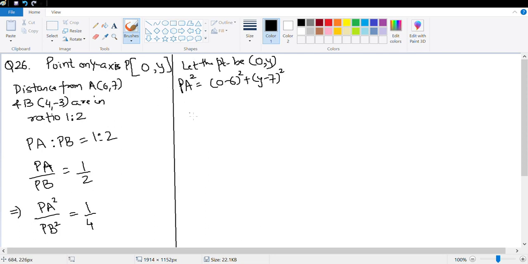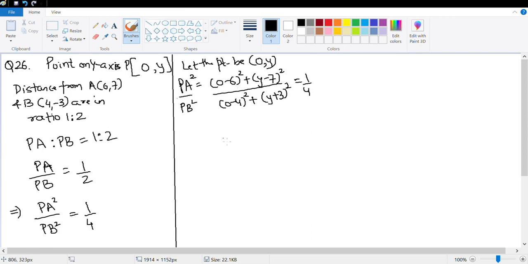So PA square upon PB square, where PB square is 0 minus 4 whole square plus y minus -3, which is y plus 3 whole square. So 0 minus 6 whole square upon 0 minus 4 whole square is equal to 1/4.